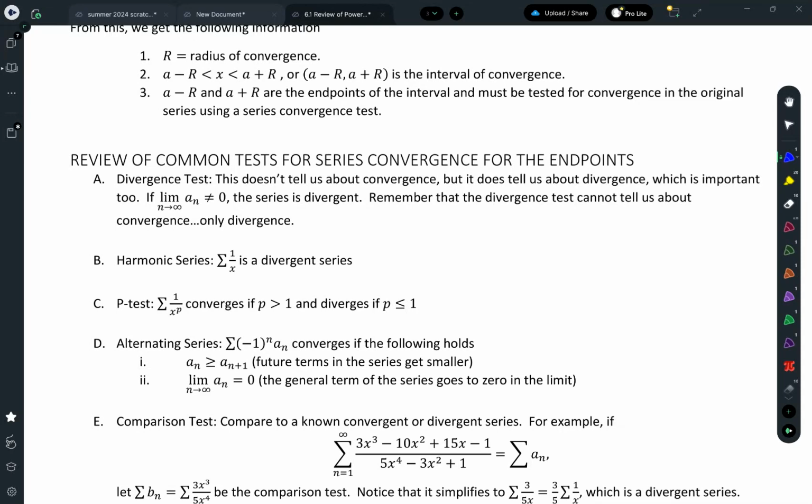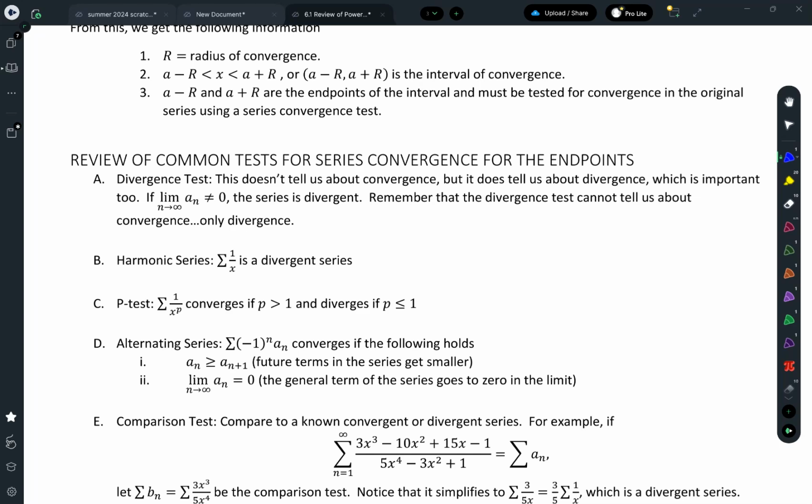If we have 1 over x to the p, that will converge if p is greater than 1, but it'll diverge if p is less than or equal to 1. And I should say that our series will have n's in them, not x's, but please just know that the letter that's used is not what's important.